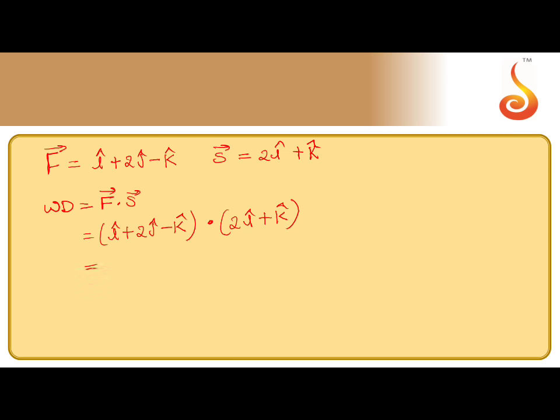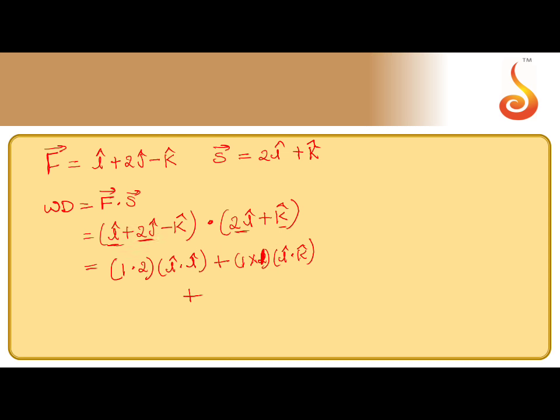So this will be equal to, when I multiply these two, 1 into 2, i dot i, plus, I multiply I with k. So this is 1 into 1, i dot k.